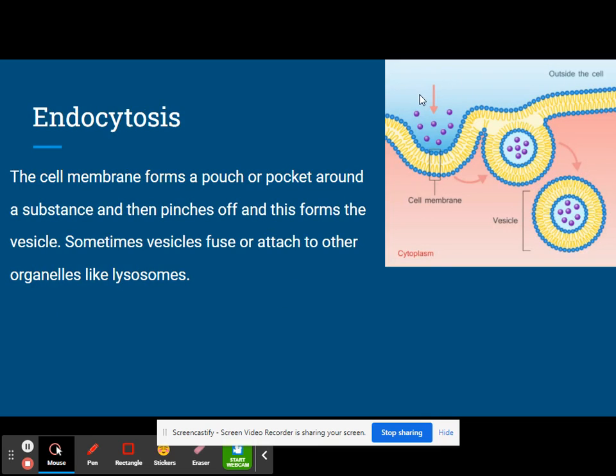If you have materials outside of a cell, like here, and you want to move those materials in, when these materials come in contact with the cell membrane, it recognizes that this is material it wants inside the cell and will start to indent. Eventually the cell membrane, the phospholipid bilayer, will surround those materials and pinch off, and now you have a vesicle which can transport materials throughout the cell.